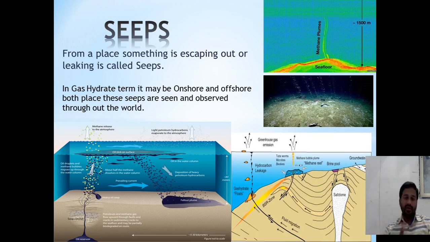Especially at the marginal areas, the continental slope or shelf, the temperature is low and the hydrostatic pressure is also there, going along the thermocline.